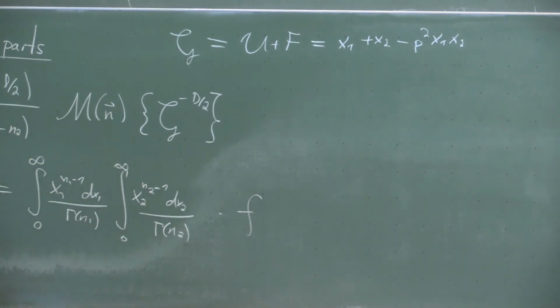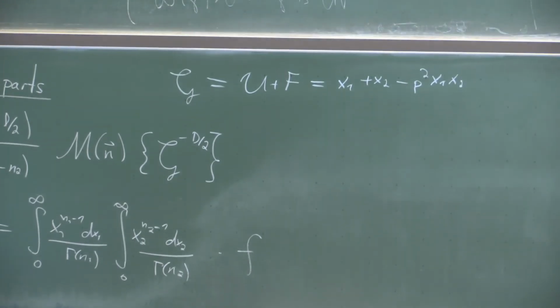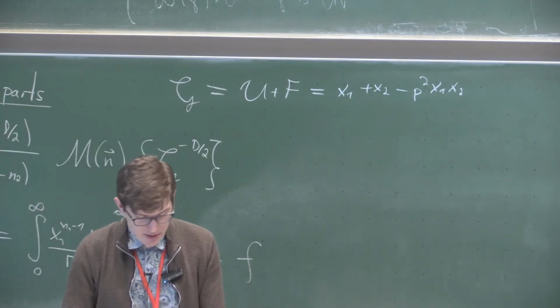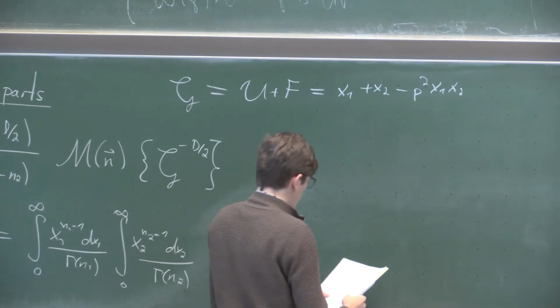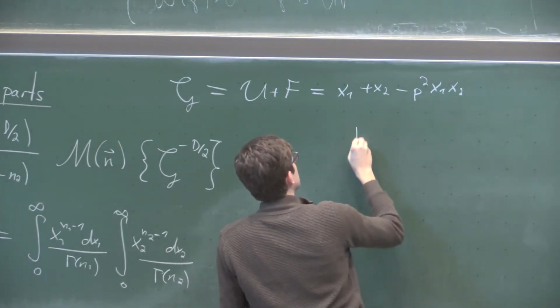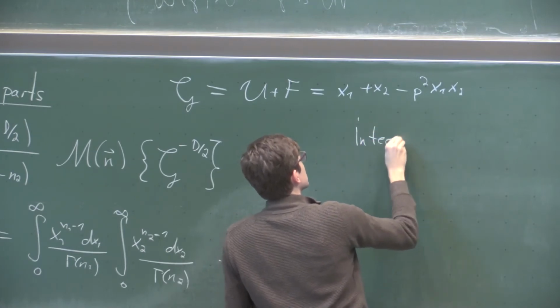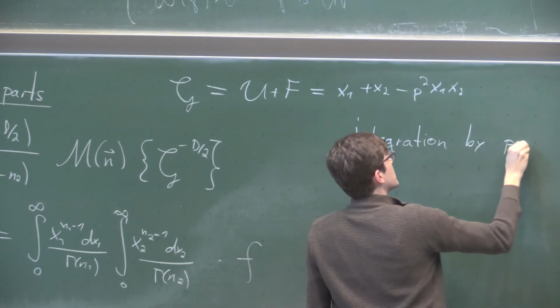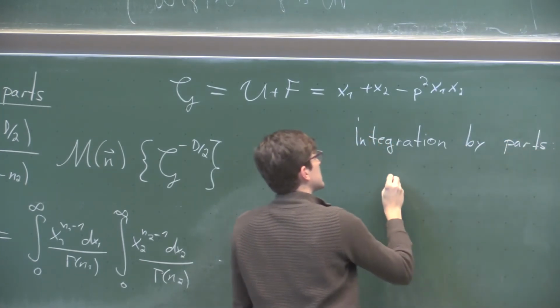And now let's do integration by parts in this representation. It's a two-dimensional integral. We all know integration by parts. This should be easy. So what are examples of integration by parts? For example, let's look at this thing: integration by parts in Schwinger parameters.